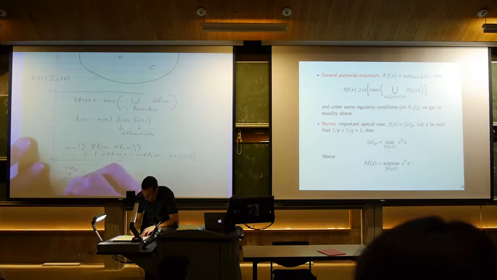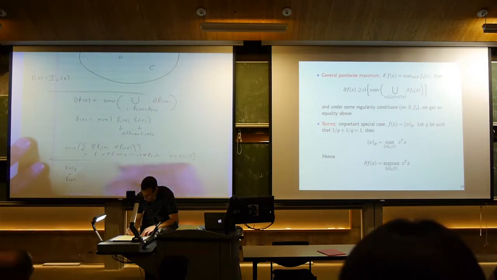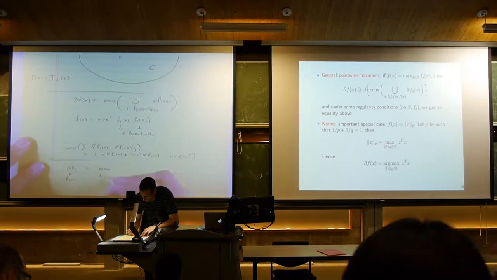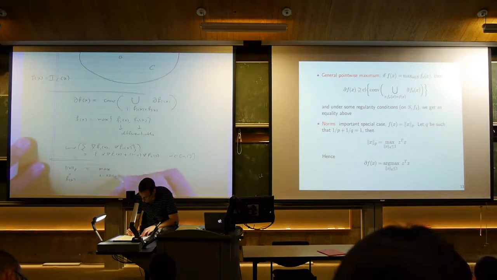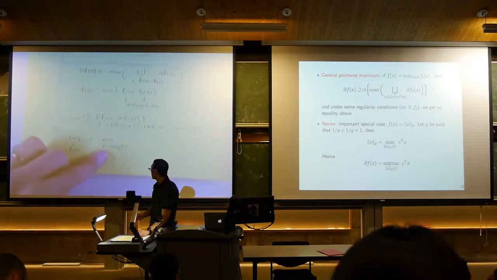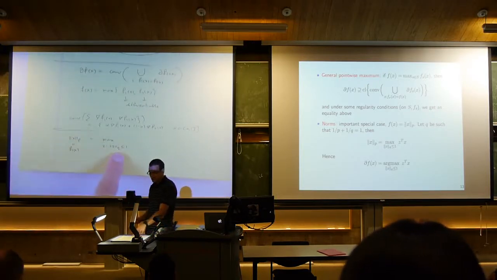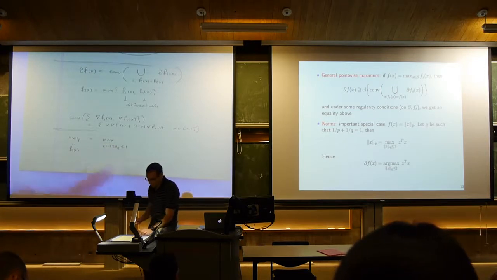So that's actually a special case of that rule. This is my f of x. According to that formula, I'm writing it as the max over all points z such that the q norm of z is less than or equal to 1. This is like my capital S, the set of all z's for which this is true.